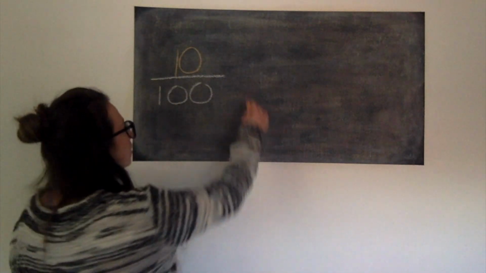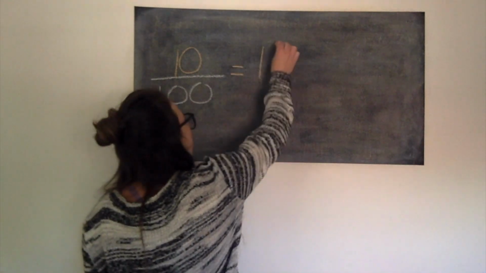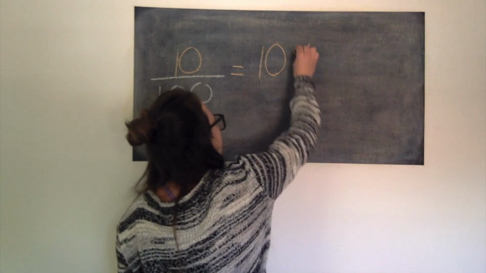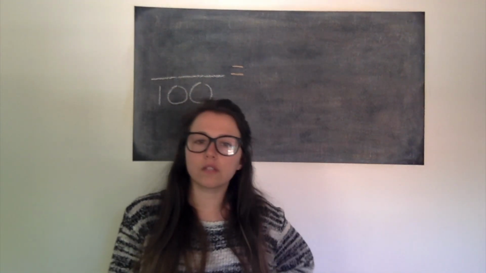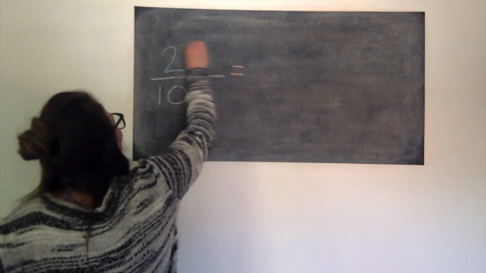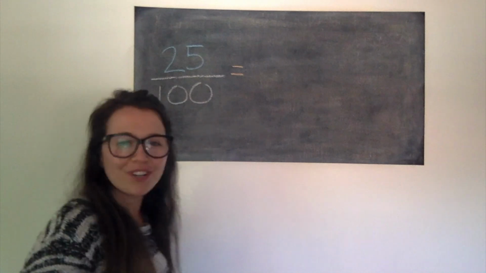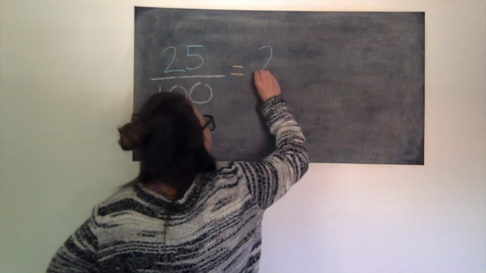As a percentage, this is 10%. We can apply this to lots and lots of numbers, any fraction out of 100. So for example, 25 hundredths as a percentage is 25%.